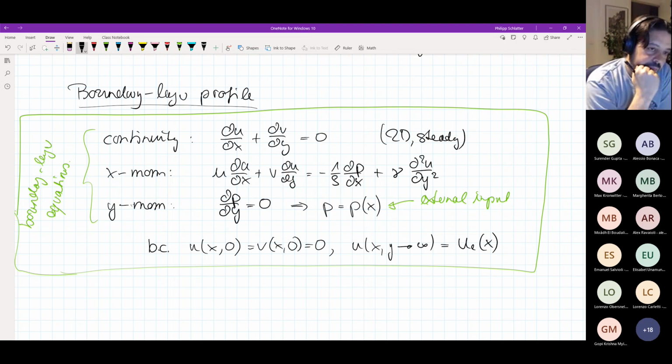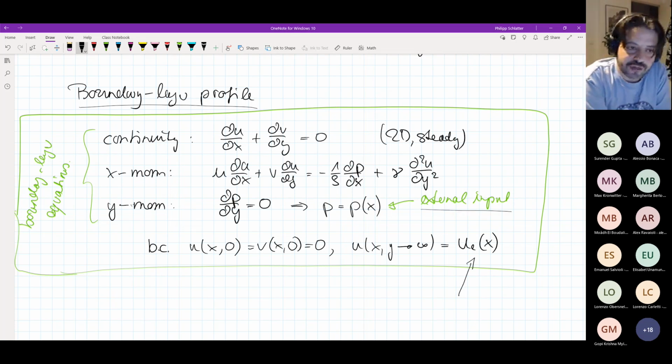So maybe the first comment would be related to this UE of x, because that has a nice connection to this external input of the pressure.